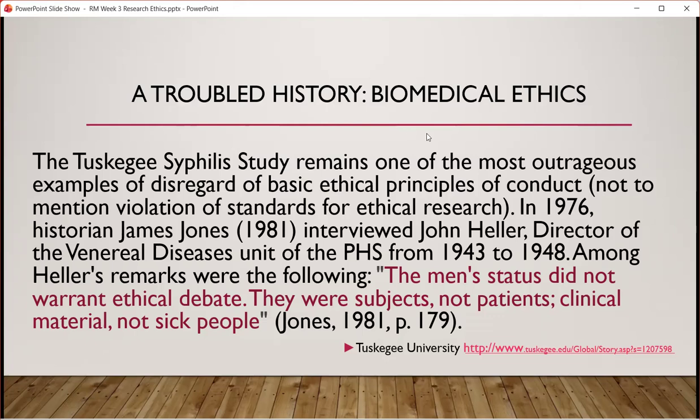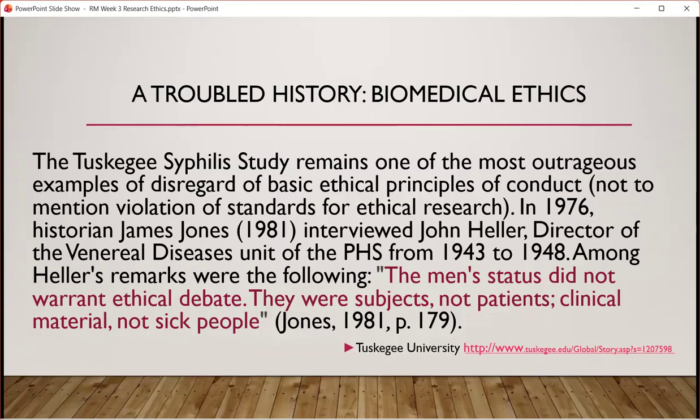Shifting back to America, we cannot ignore the Tuskegee syphilis study, and it is one of the most awful and outrageous examples of disregard for basic ethical principles of conduct. Again, so many violations of basic standards of, I would say, human decency as well as ethical research.